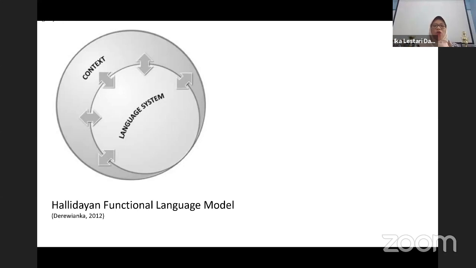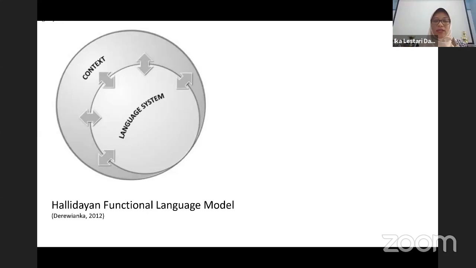So before I share the recipe, it's very important for me to share with you as well the theory that underpins the recipe that I make. The Hallidayan functional language model underpins or informs the recipe that I make about presentation in English.